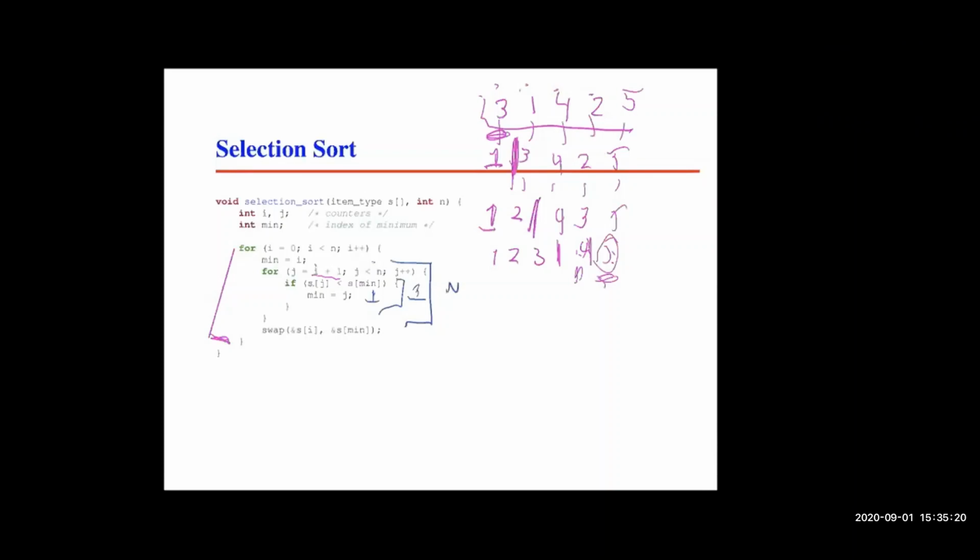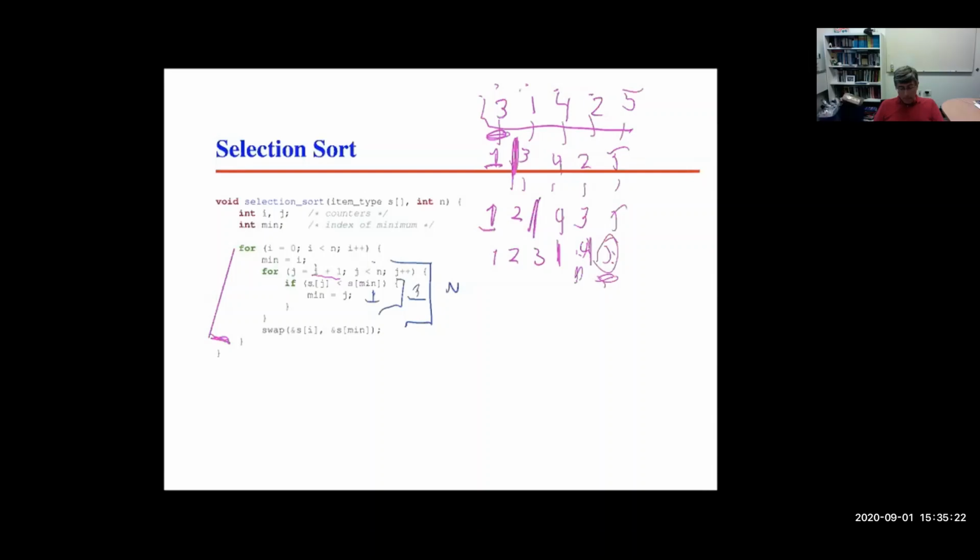Setting min equals i is one step, and there's another one step down here. We have an external loop around everything. It's going to look something like n times 1 plus n plus 1.